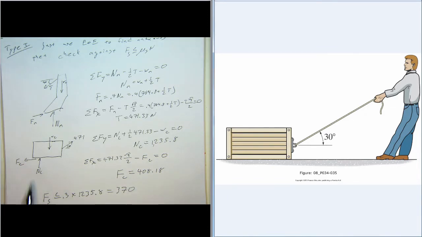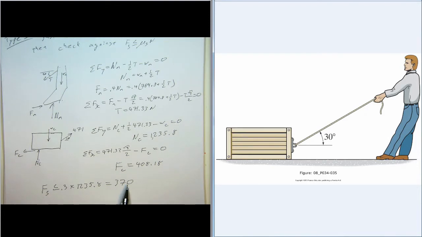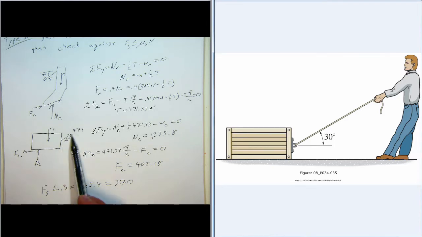So the biggest friction force we can have here is 370, but if we apply 471 newtons to the rope and the box is in equilibrium, it would take a friction force of 408 newtons to keep this box in equilibrium. But that's more than our coefficient of friction and our normal force can provide. So that means that the box moves.